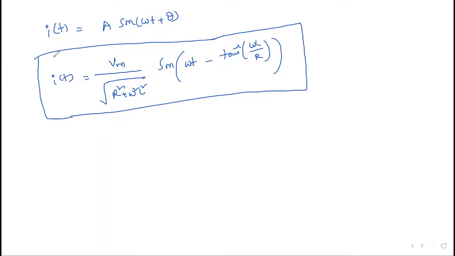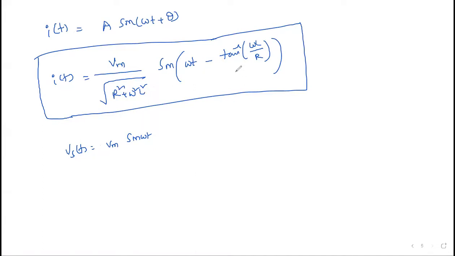Now the amplitude of the current, from this you understand, the input voltage is equal to Vm into sine omega t. If we compare this, the amplitude of the current is reduced by the amount root of R square plus omega square L square.